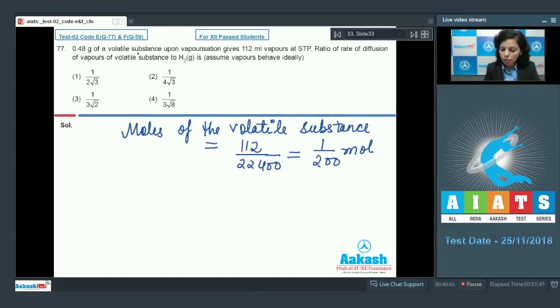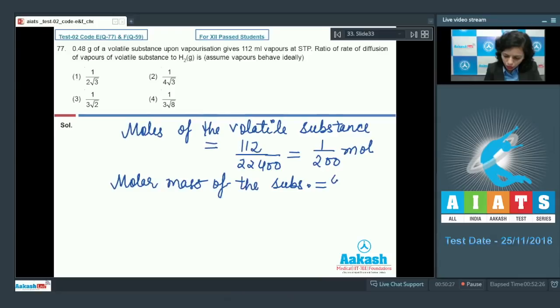We know the mass of that volatile substance, and we have the moles, so we can find out the molar mass of the substance, which is equal to the given mass 0.48 divided by 1 by 200, because the moles are 1 by 200. That's why the molar mass is 96 gram per mole.